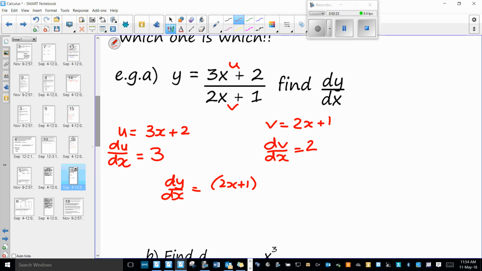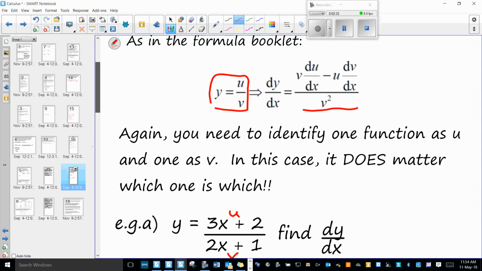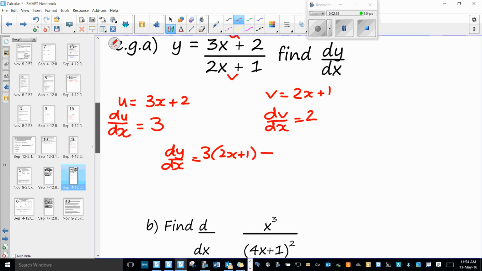Are you happy that I'm going to stick a 3 in front of that bracket? Mm-hmm. I'm then going to subtract. Going back to the formula, I've got u multiplied by dv dx. So u is 3x plus 2, and I'm multiplying that by dv dx, which is 2. So again, I've been sneaky and just stuck the 2 in front.